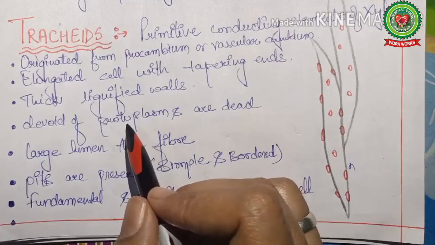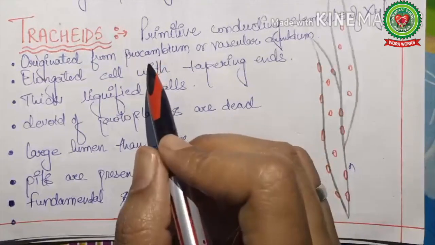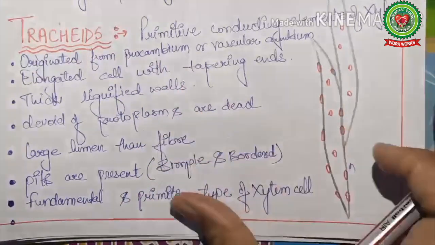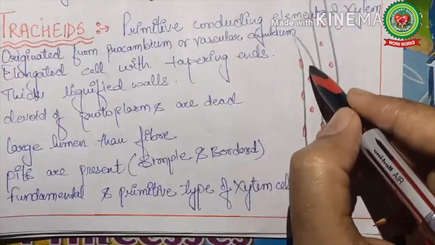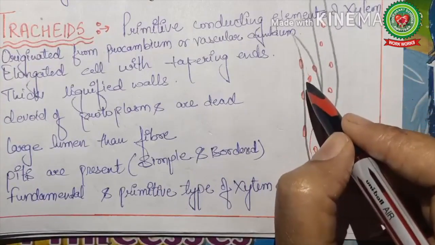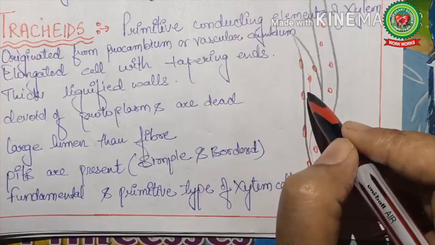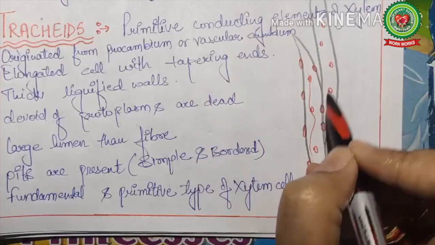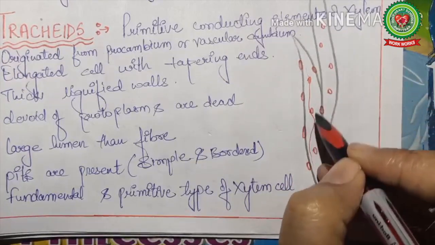So whenever the tracheids become mature, they die and they become functional only after death, as their lumen, you can see here, this empty space inside the cell, represents the lumen, and this lumen becomes empty only after death. Then only conduction is possible from cell to cell.